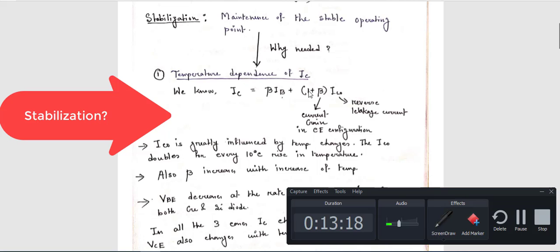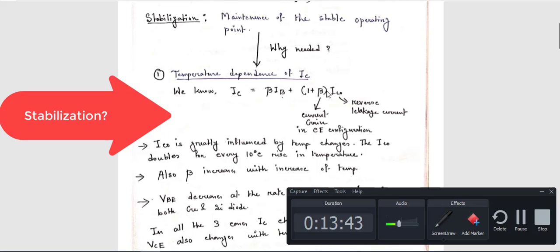Now we all know that in a transistor, not only forward biased, for reverse bias also we get some small amount of current, which is known as reverse leakage current or reverse saturation current, denoted as ICO. That means when you consider the collector current expression, you have to consider the leakage current also.